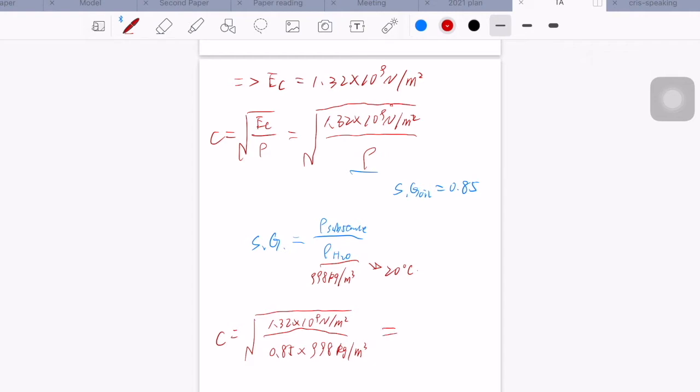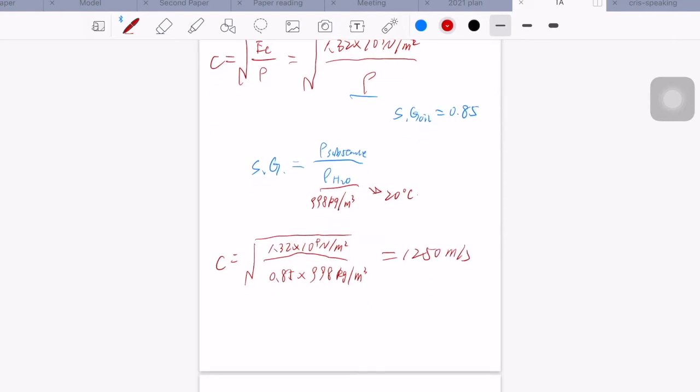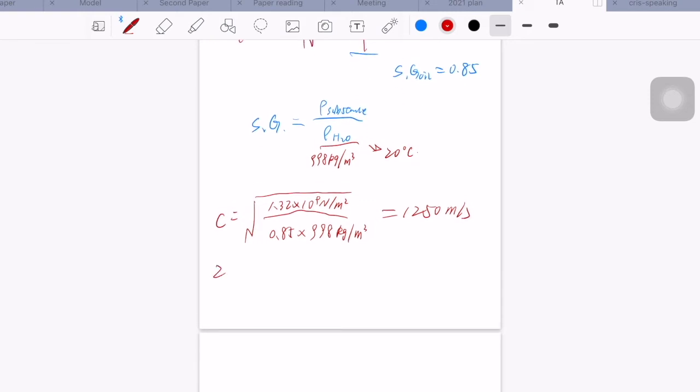So we can get that C equals 1250 meters per second.